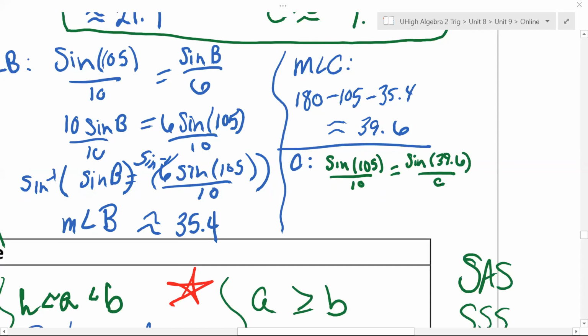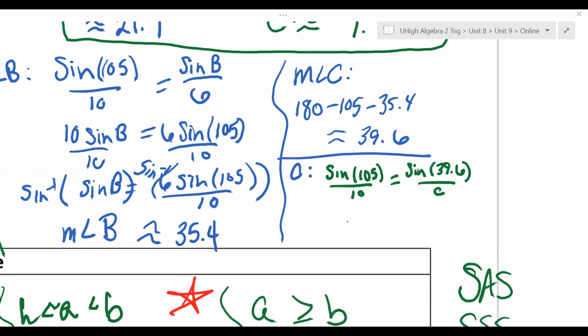Then I can do my cross products and divide by the sine of 105 and get that c equals 10 times the sine of 39.6 divided by the sine of 105. And this is approximately 6.6.